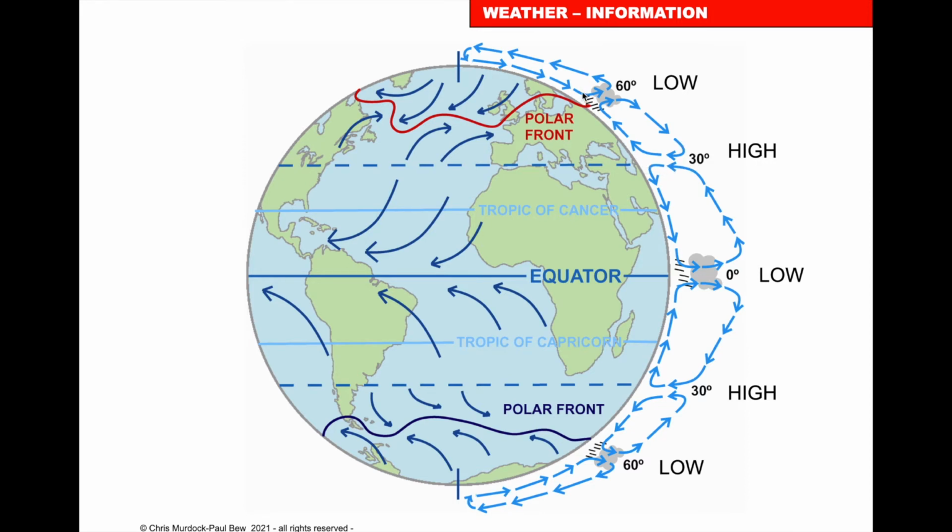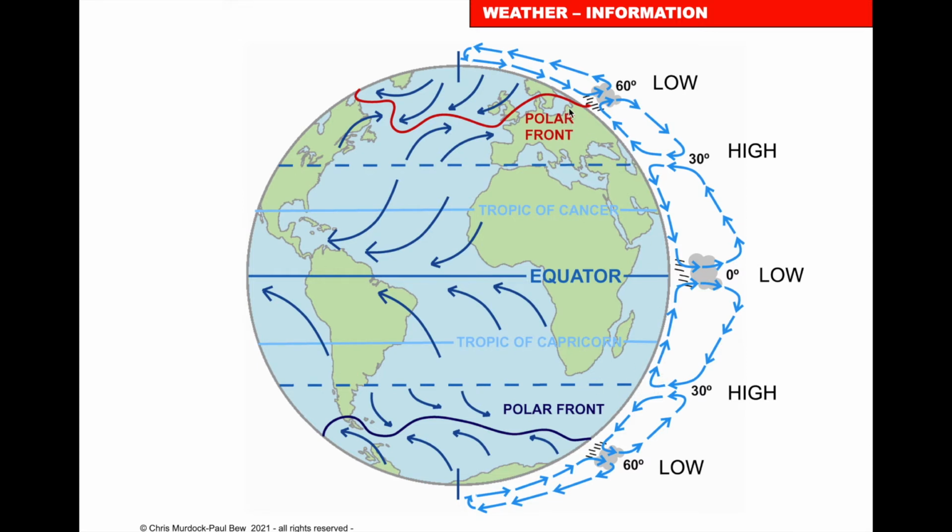So here we've got air rising, circulating, and then falling. As we have air rising, we get an area of low pressure, and as the air drops down, we get an area of high pressure. High pressure is associated with dry weather, and we get the deserts in the regions of this area here and further down in this area here.